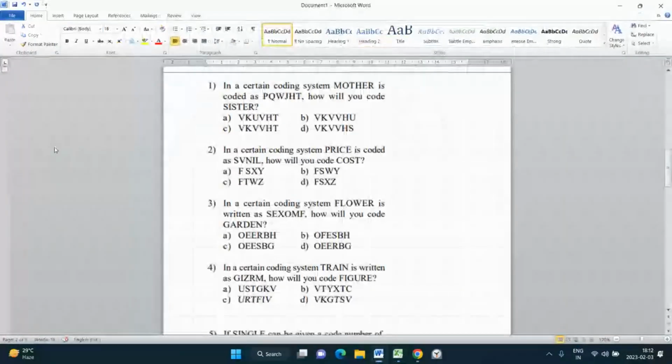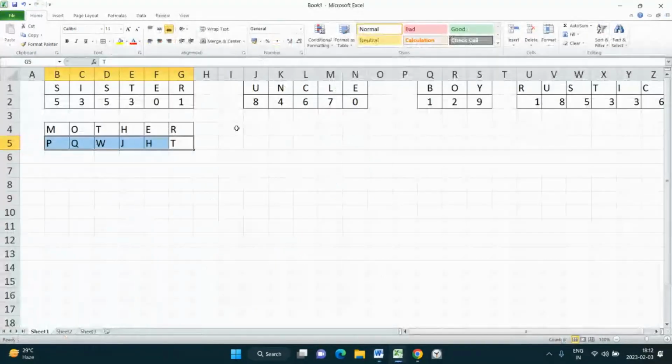Now, what is he saying? We have to find out how will sister be called here? Sister is equal to A or B or C or D. Now I will take sister.